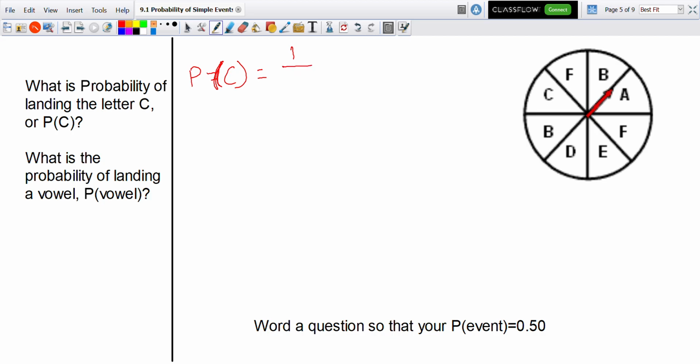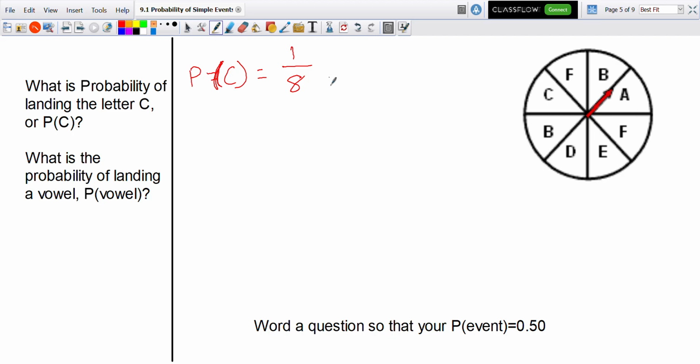And we're putting it over the total number of possible outcomes. So how many different possible landing spots are there for our arrow? It's 1, 2, 3, 4, 5, 6, 7. Looks like there are 8 possible locations for the spinner to land on. Only one of them is favorable for our C. So that's why the fraction then is 1 over 8.